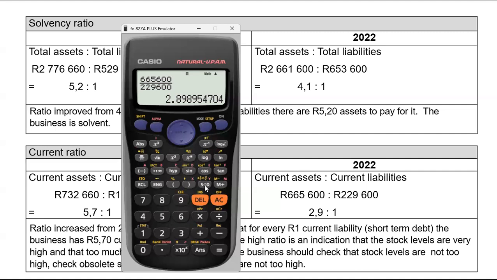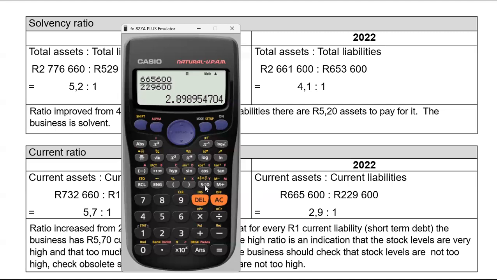I explained that I took the first part and divided it by 229,600. And I took the second part, which is 665,600, and I divided it by 229,600. And that's how I got the 2,9 that is in the first part.